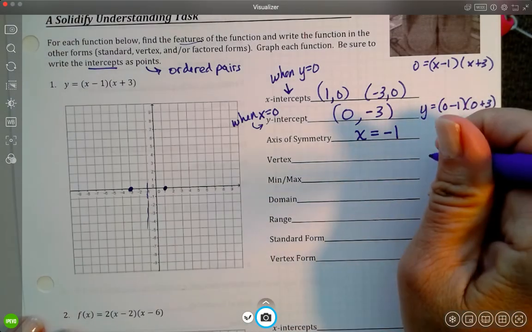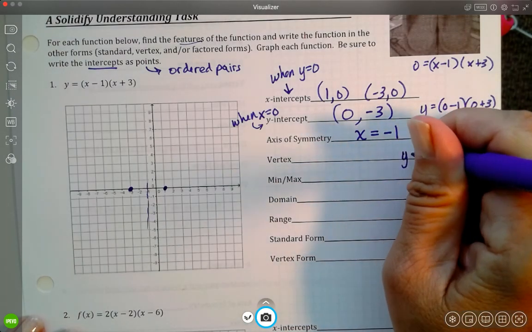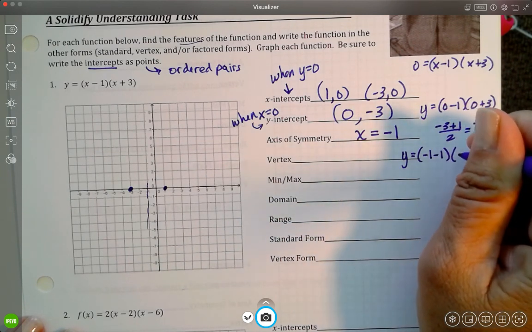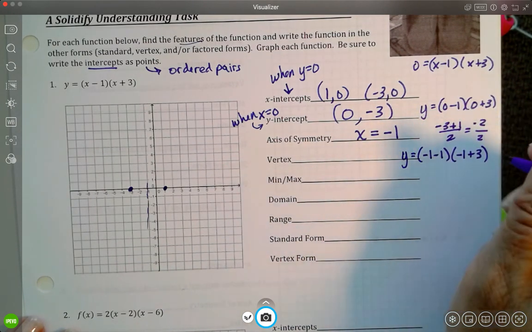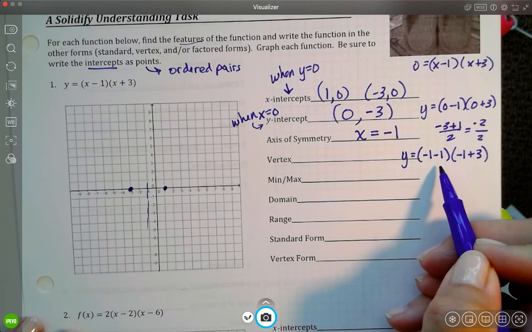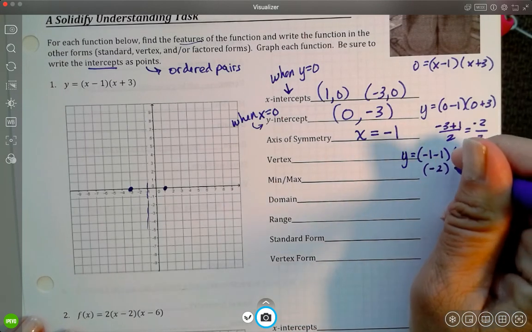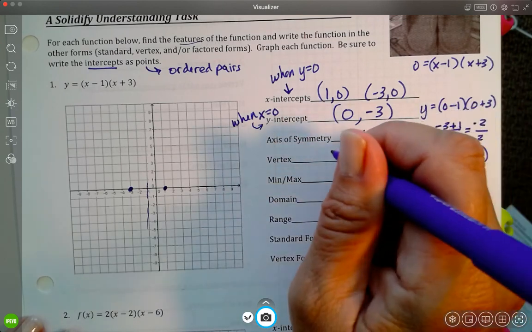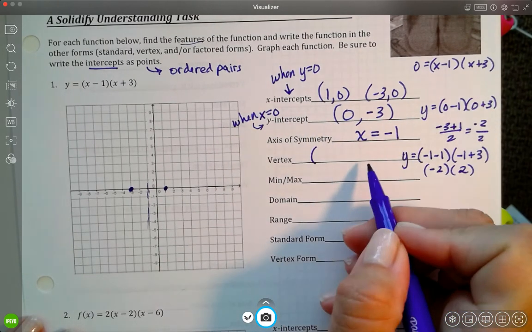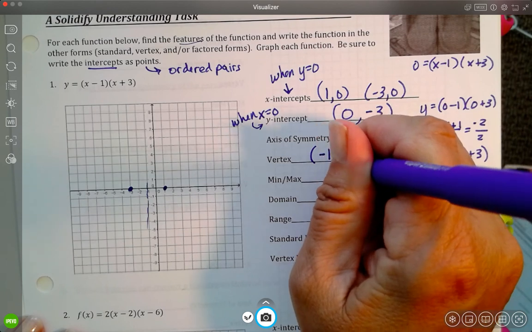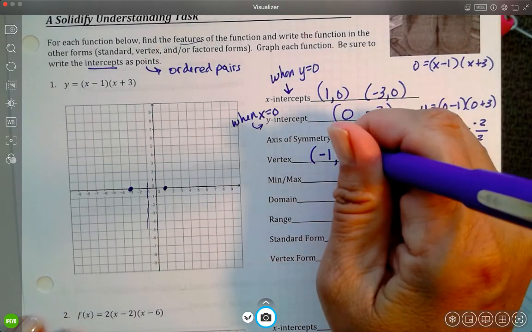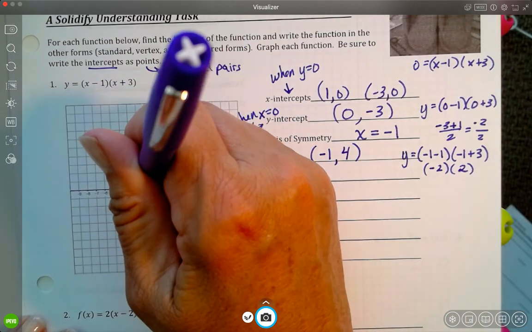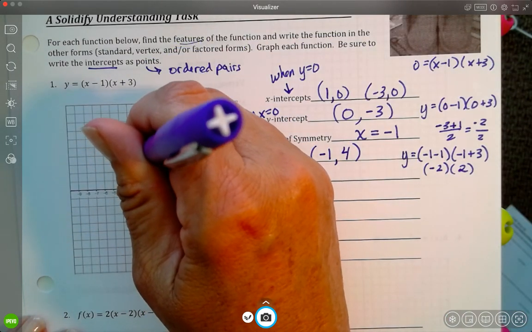So y equals -1 minus 1 times -1 plus 3. -1 minus 1 is -2. -1 plus 3 is 2. So my vertex is on the axis of symmetry, -1, and it's at 4. So right now I have (-1, 4).